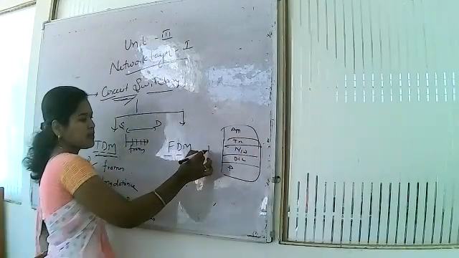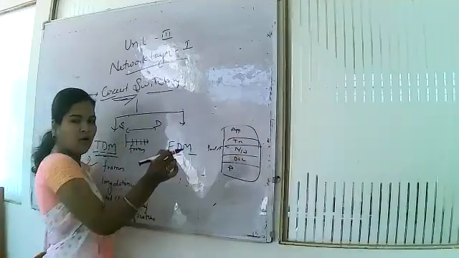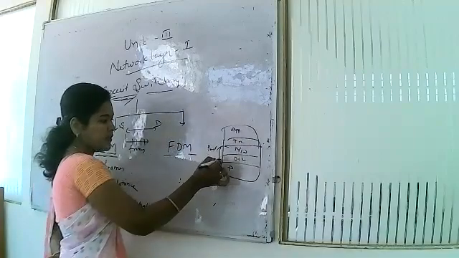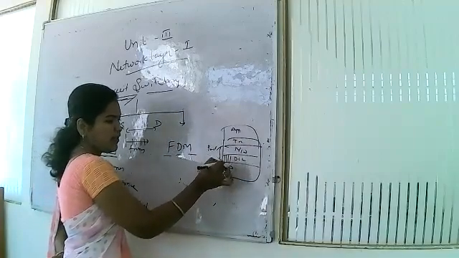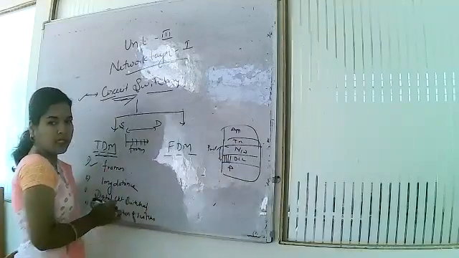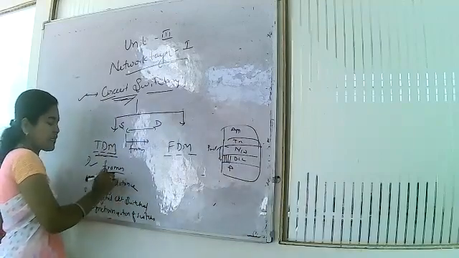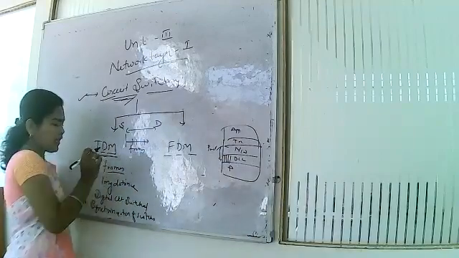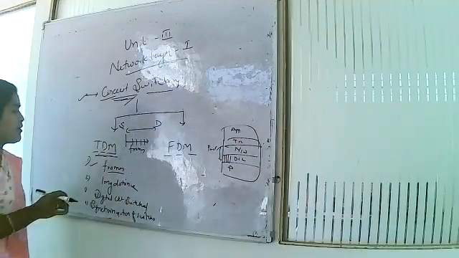The data which is present in this is in terms of what? Packets. When the packets are coming to the DLL, I am dividing in terms of what? Frames. In terms of frames, I am sending the data in the time division multiplexing.